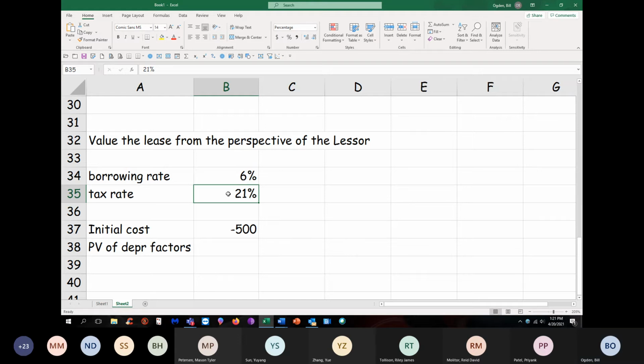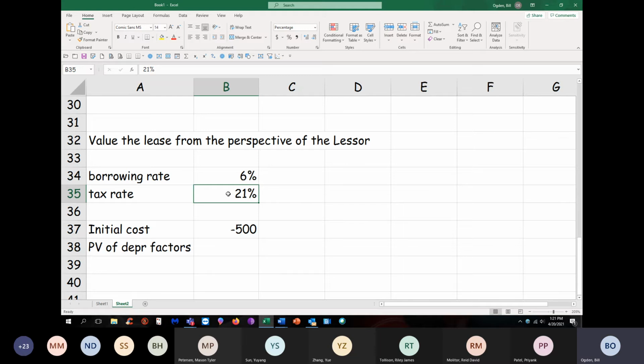If I had just calculated the NPV of the lease for the lessee, and the lessor has exactly the same tax rate, the same borrowing rate, what would I know about the NPV of the lease?